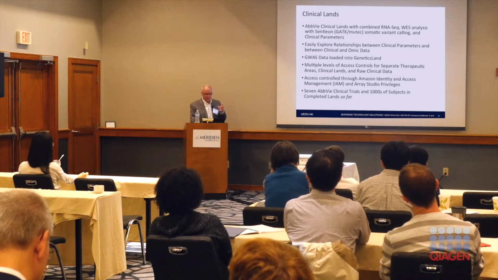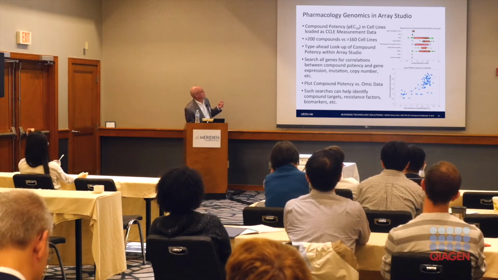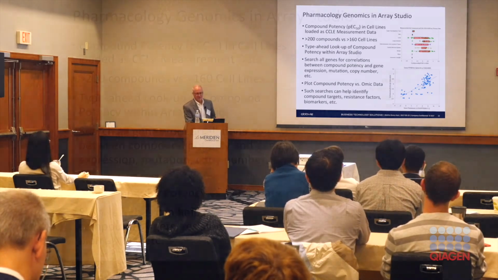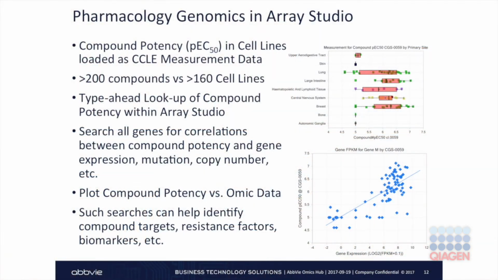Something else that we're using now is what I'm calling pharmacology genomics. That is, we have compound potency data for a large number of compounds across 160 cell lines. That's one of the sample measurement data that you can load against a land.